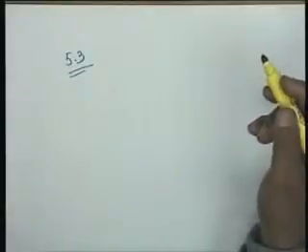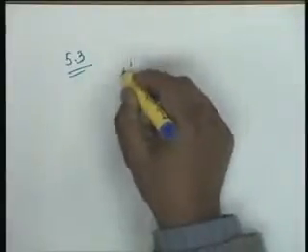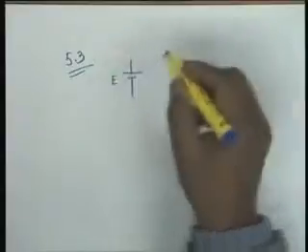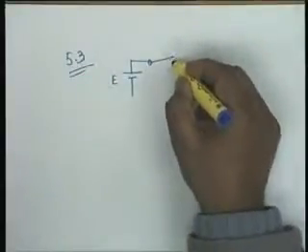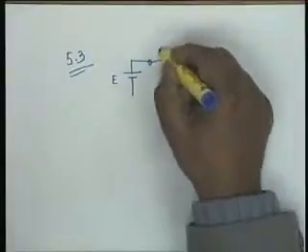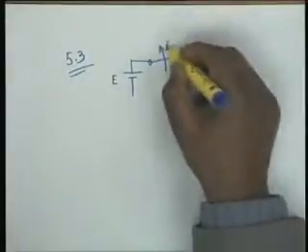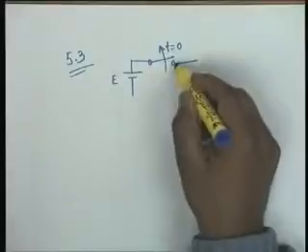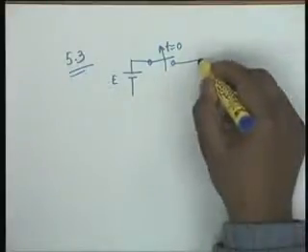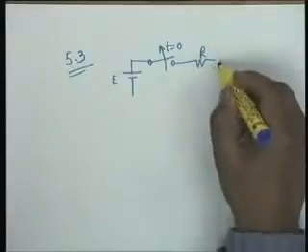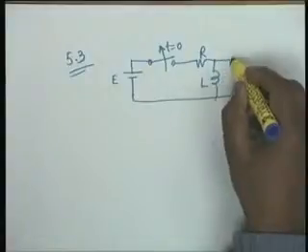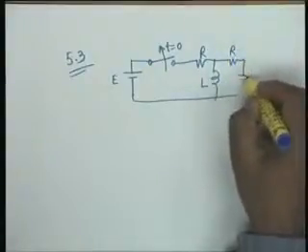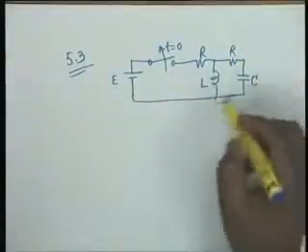The problem is a network given like this: E, the switch S is thrown out at t equal to 0. That is, it was closed earlier, it has been opened now, and then you have a resistance R, an inductance L, another resistance R, and a capacitance C. This is the network.